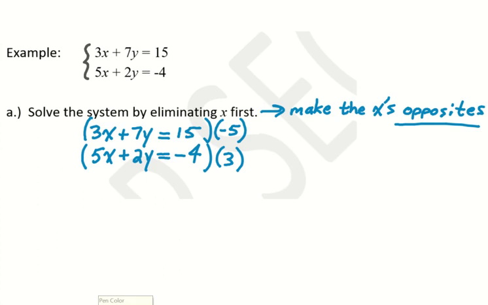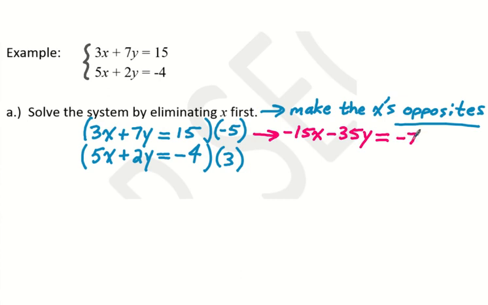So here we go. Changing the equations. Let's change the color. In this equation, remember, I have to multiply negative 5 through the entire equation, not just the 3x. So negative 15x, just like I planned, minus 35y equals, and then what's negative 5 times 15? Mental math.